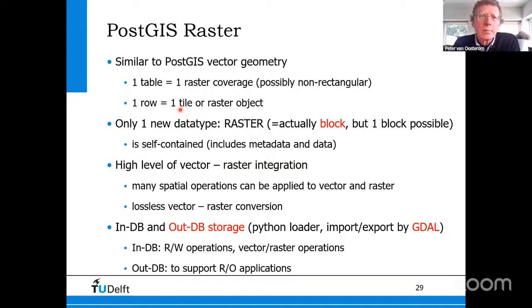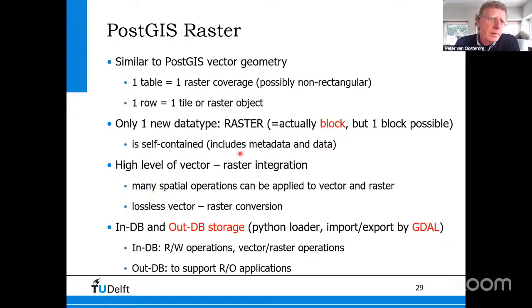You could say PostGIS raster, PG raster, is actually a single tile. So the table is then a collection of tiles. And together, this collection of tiles covers a big area, but can also make the data pyramid. So the only one raster type, which is the tile or block.